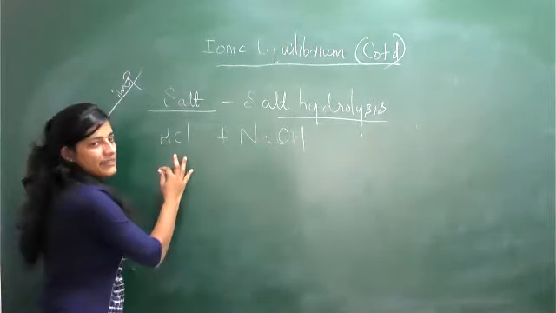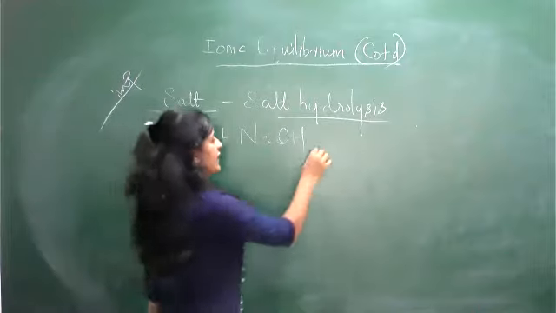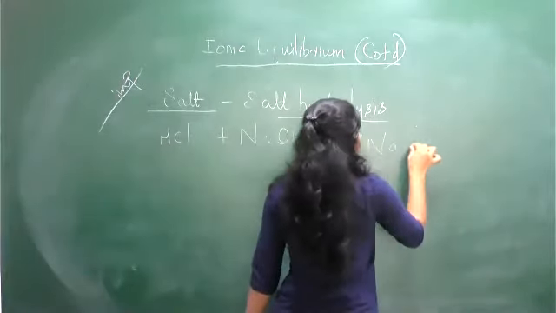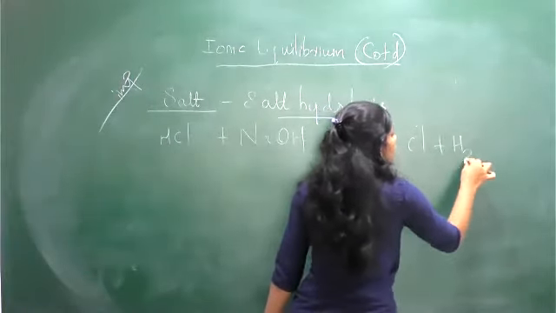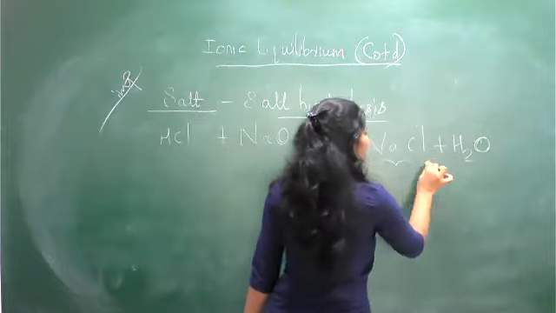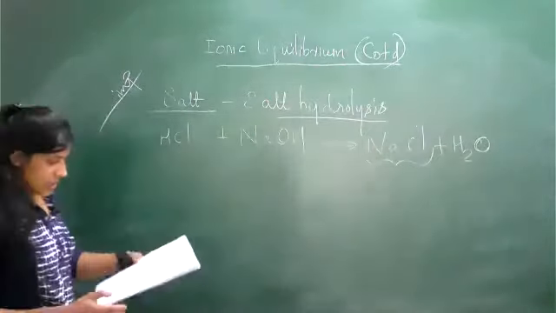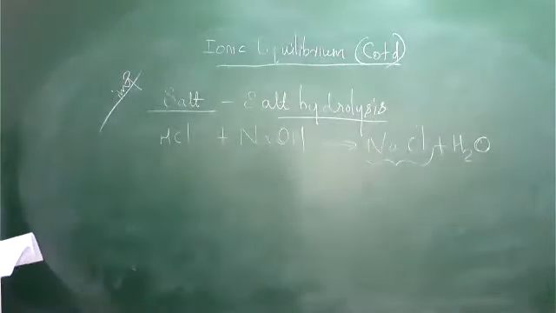This is an acid. Reacted with the base, it will definitely form NaCl plus water. So this is called salt. Today we want to study the behavior of salt. After that, a very important section, that is salt hydrolysis, with the help of pH finding.